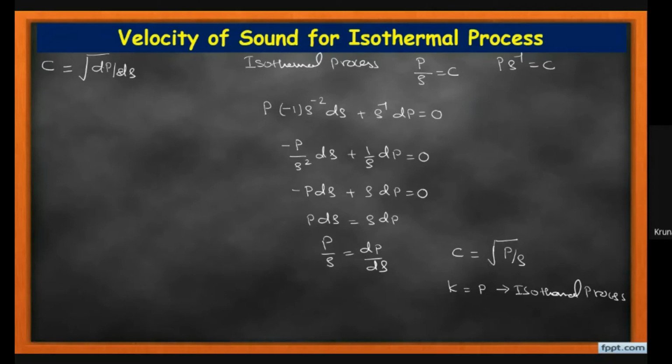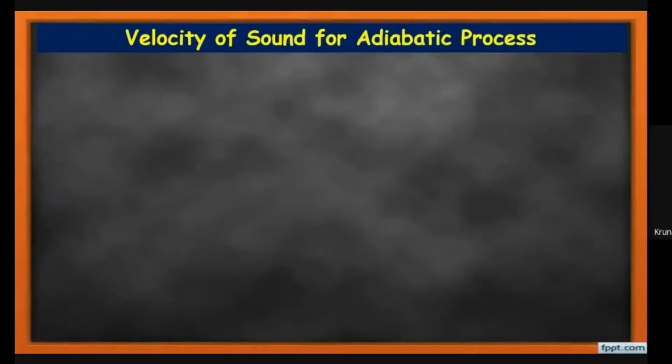Now students, we are going to derive the velocity of sound expression for adiabatic processes. Again, we need to remember the basic formula: velocity of sound equals under root of dP by d rho. For the adiabatic process, our basic expression is P by rho to the power gamma equals constant.